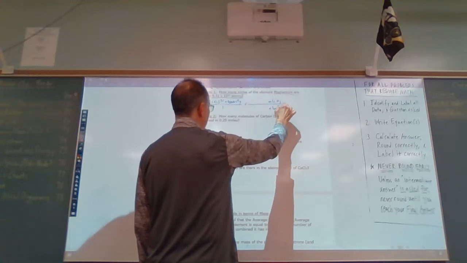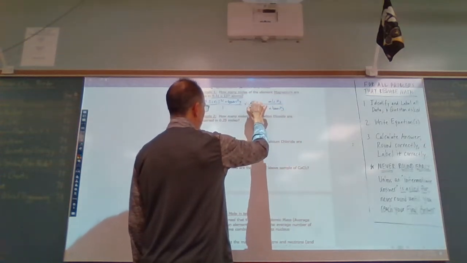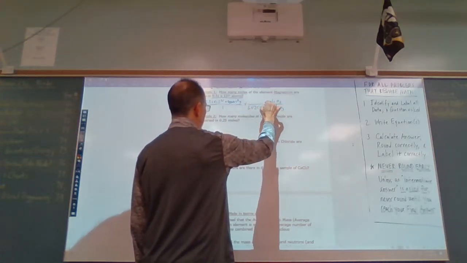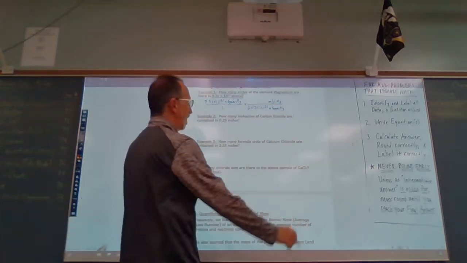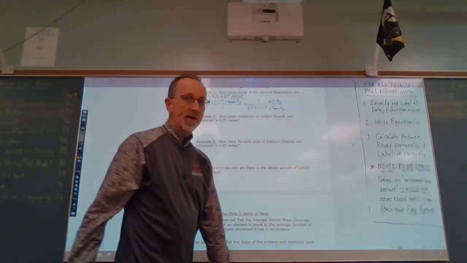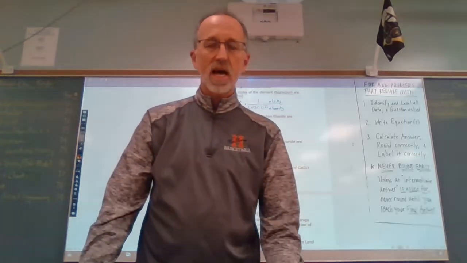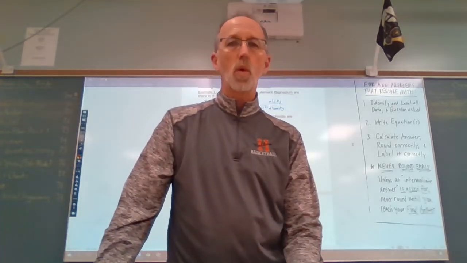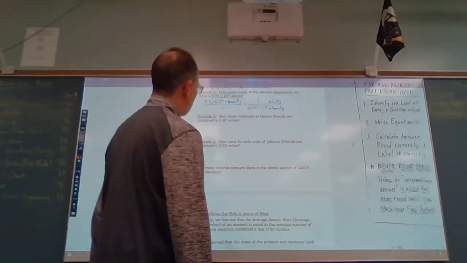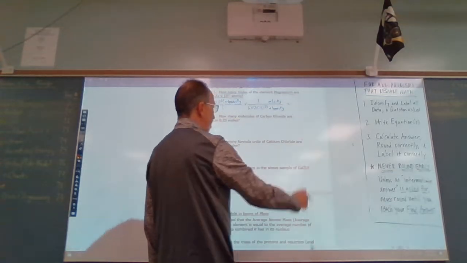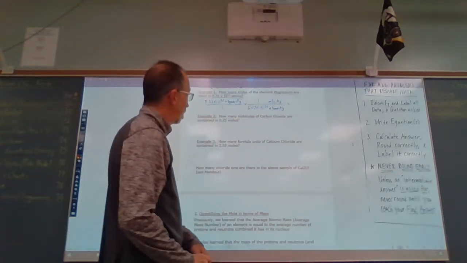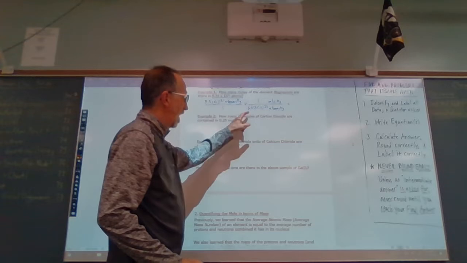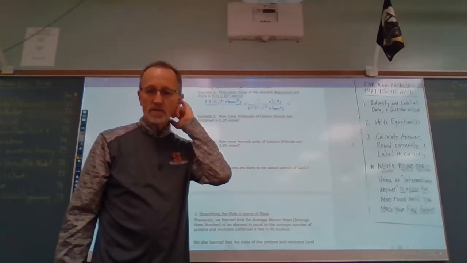So the atoms cancel. And as we just said, there are 6.02 times 10 to the 23rd atoms of magnesium in 1 mole. There's Avogadro's number of particles in 1 mole. That's the only step we need. So we're going to take our given number of atoms and divide it by Avogadro's number.